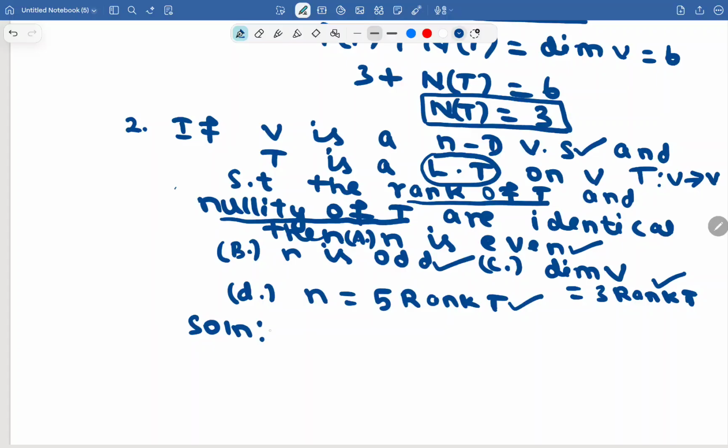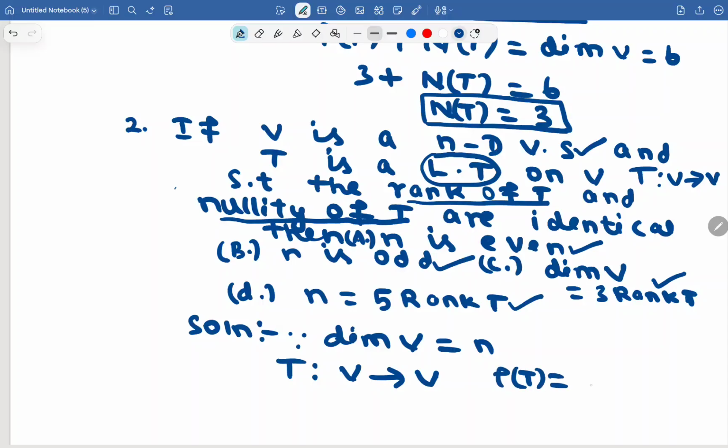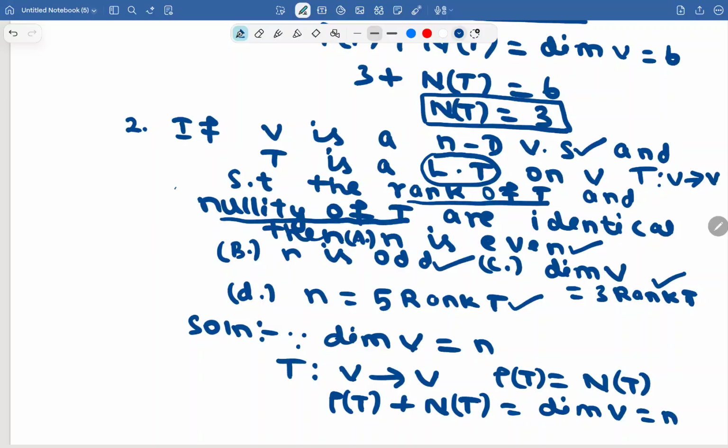Solution: V is an n-dimensional vector space, therefore dimension of V equals n. T is a linear map from V to V, and also given rank of T equal to nullity of T. By rank nullity theorem, rank of T plus nullity of T equals dimension of domain space, that is dimension of V, which is equal to n.